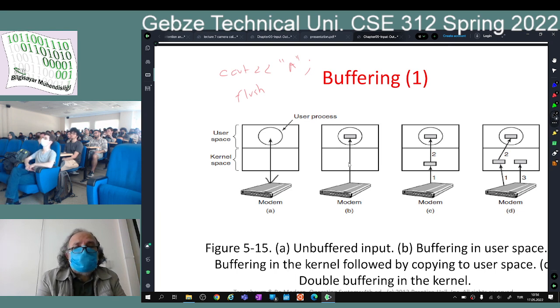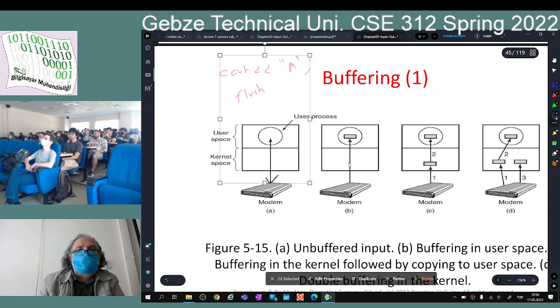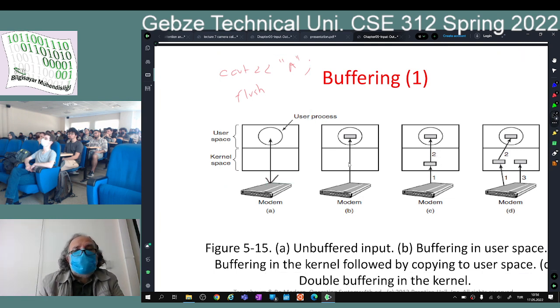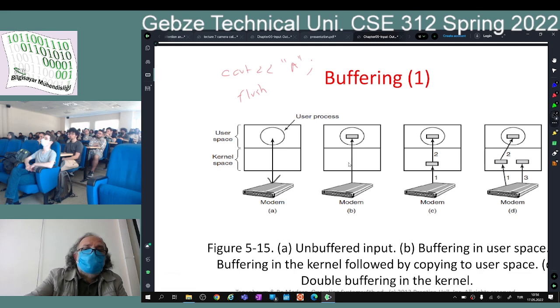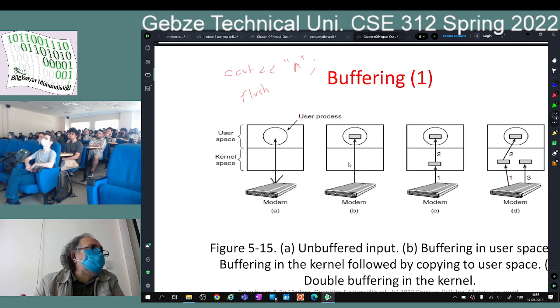An issue that is common emerges here. Let's say the modem is loading lots of data. When the data is ready, let's say 1 kilobyte of data, the operating system unblocks the process that needs the data. While I am doing this copying, if the modem needs this buffer space for some other data, then that's going to be a problem.